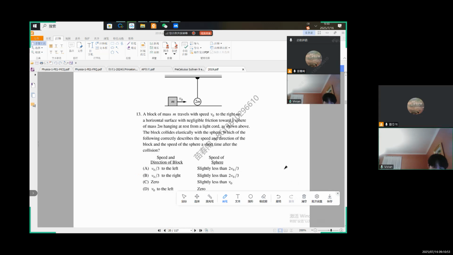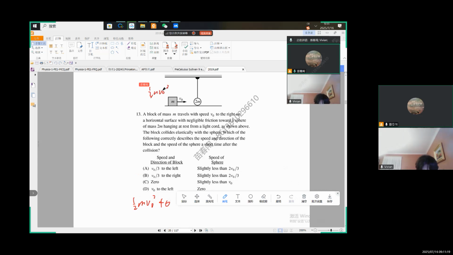So I have to check A and D, and then I can just substitute. D is not working. If I do that, 1 over 2 mV0 squared plus the other one is 0. The other one is 0, right? Compared with what's before, what's before is also 1 over 2 mV0 squared.